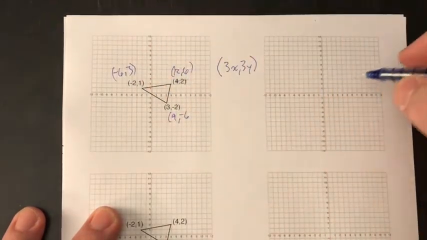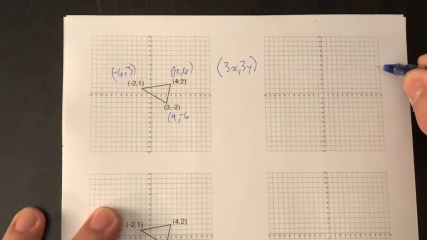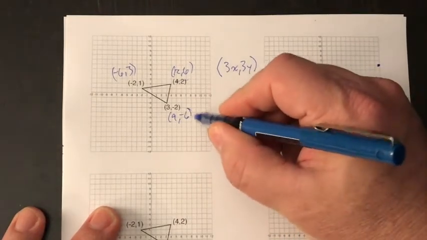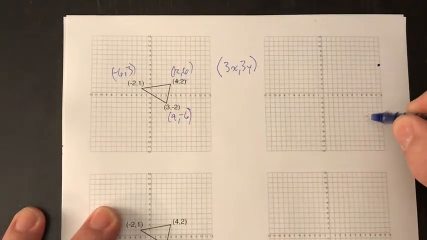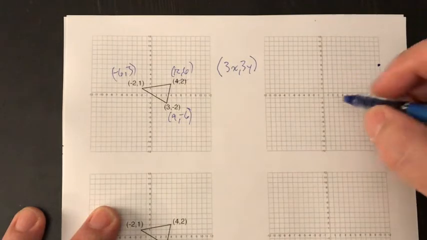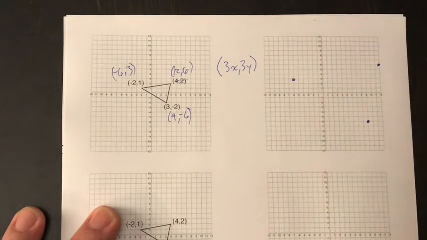And if we plot those over here, 12, 6 is right there. And 9, negative 6 is right there. And negative 6, 3 is right here.